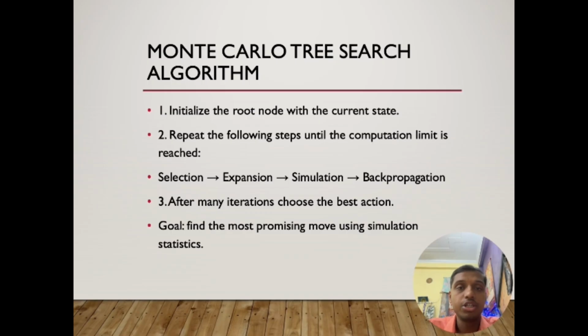During each iteration, the algorithm explores the search tree, performs simulations, and updates statistical information. These steps continue until the computation limit or the time limit is reached. Finally, the algorithm selects the best action based on the collected simulation statistics.